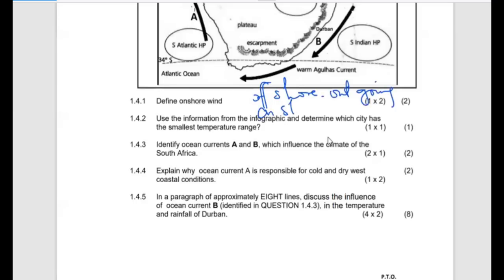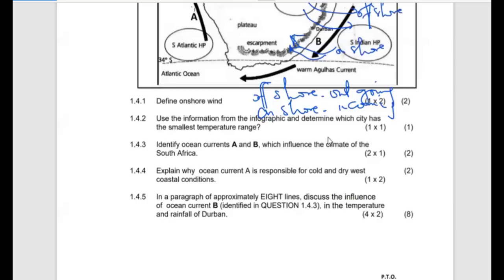Then onshore is incoming. So our onshore winds are winds which come from the ocean to land. And winds which are coming from the land going to the ocean, these are offshore winds.